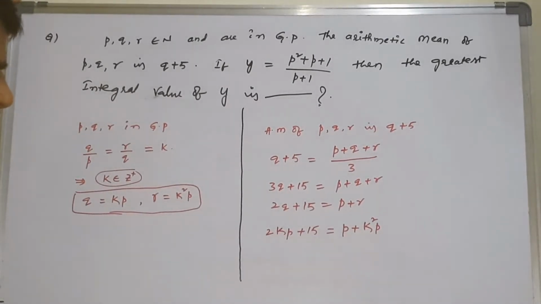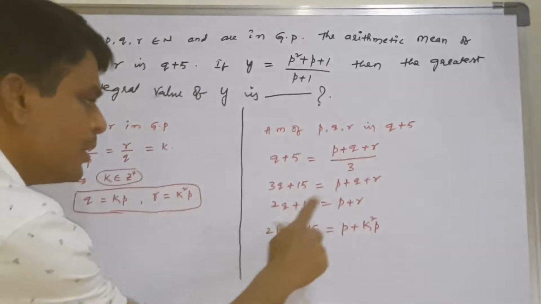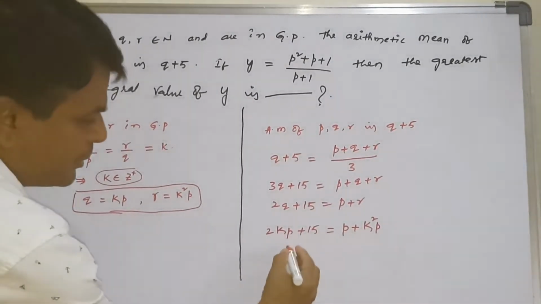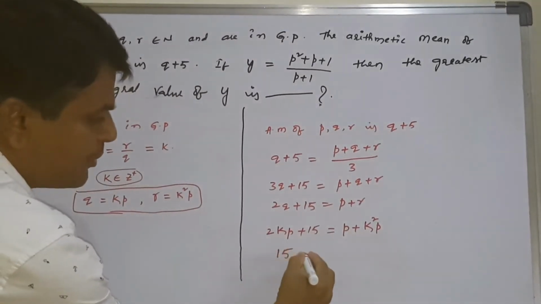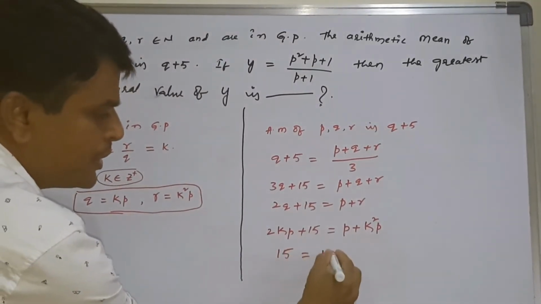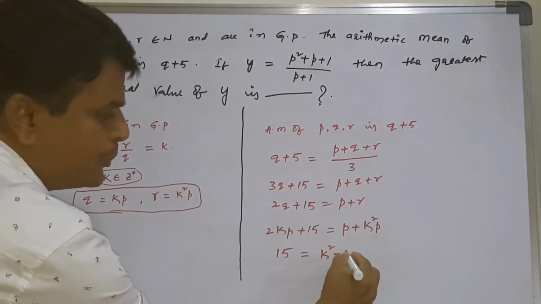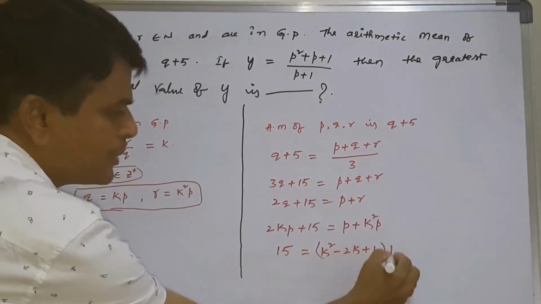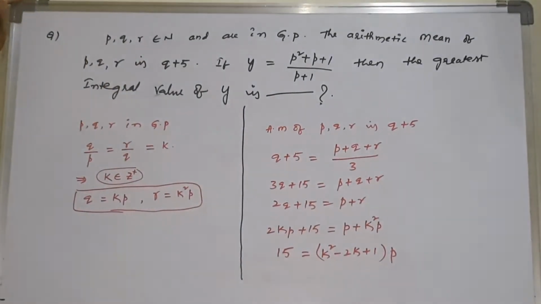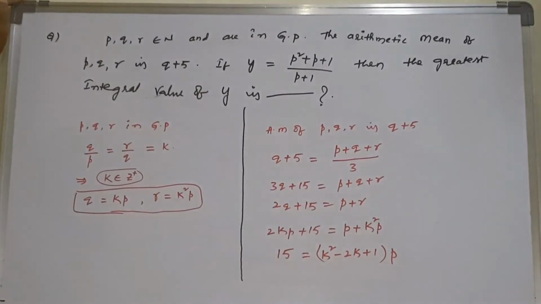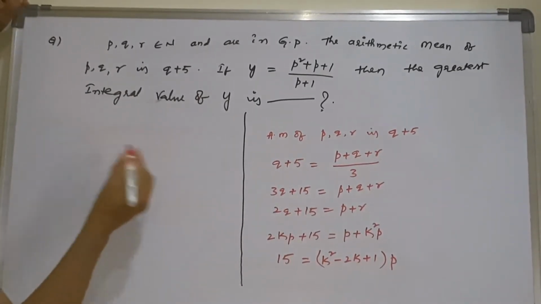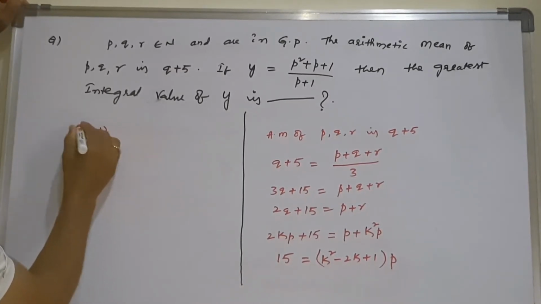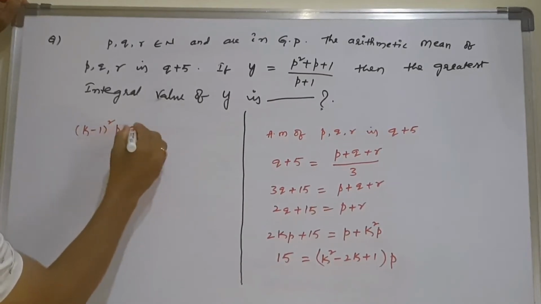Now bringing the terms having P on the same side, we get 15 equals (K square minus 2K plus 1) into P. From here we can write (K minus 1) whole square into P is equal to 15.